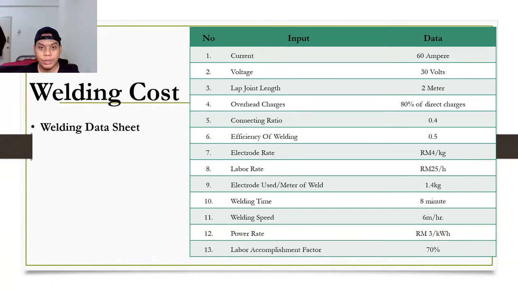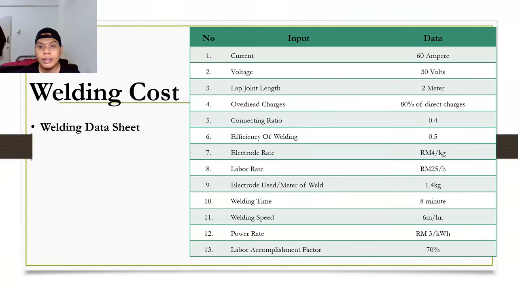The third one is lap joint length, about 2 meter weld length. The fourth one is overhead charge, 80% of direct charge. The fifth one, connecting ratio, is 0.4. And the sixth one, efficiency of welding, is 0.5.